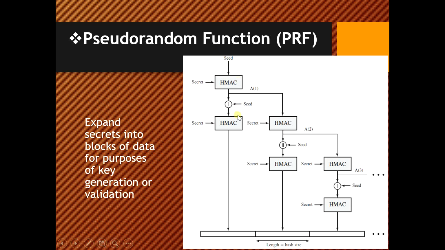The second seed will be the output of the first HMAC of the previous section, and it will go on. This section will produce another hash value, and so on. And you can see each block will give you the length of the hash size.